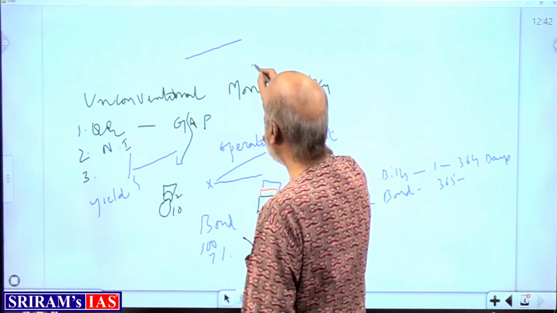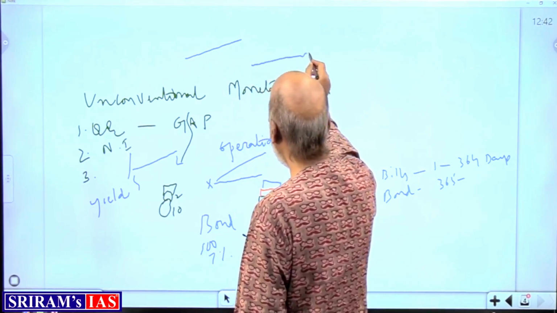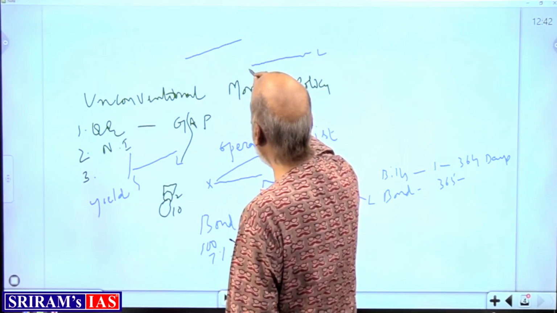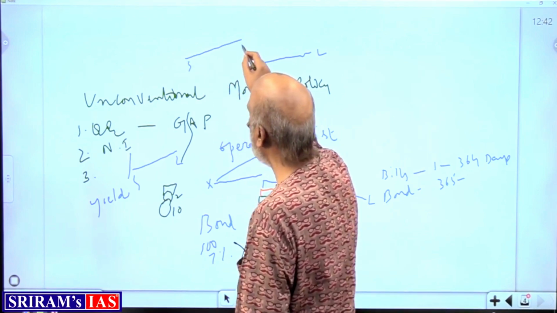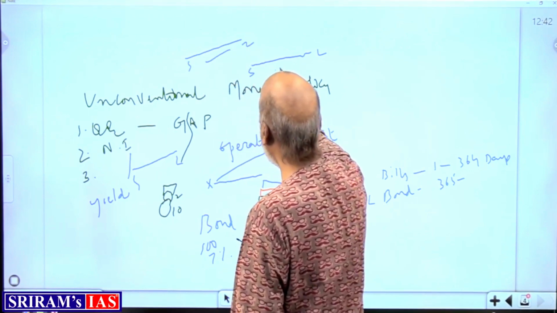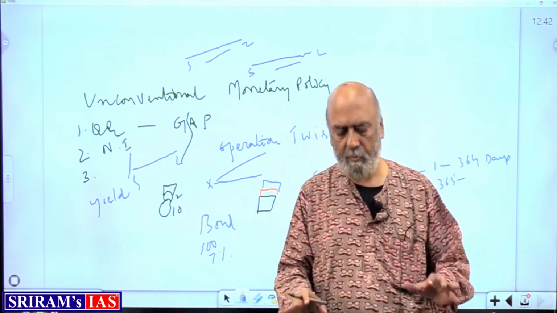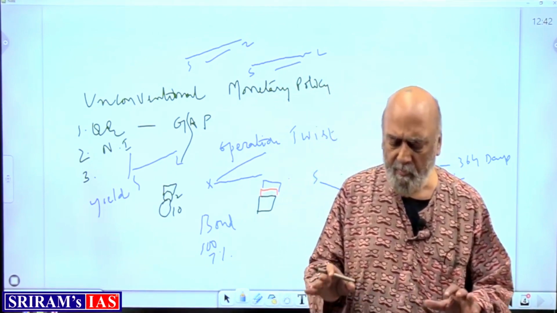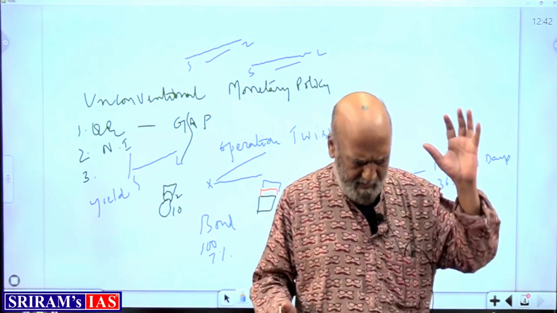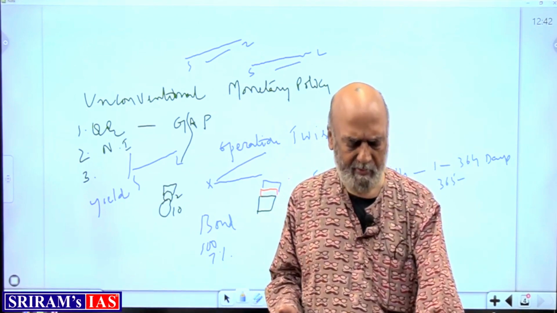So, even if you're starting here, long will be here. This is short, this is long. Look at the gap here. So, the gap in the yields between short and long has to be stabilized. Operation twist is this. Sell short, there is demand.